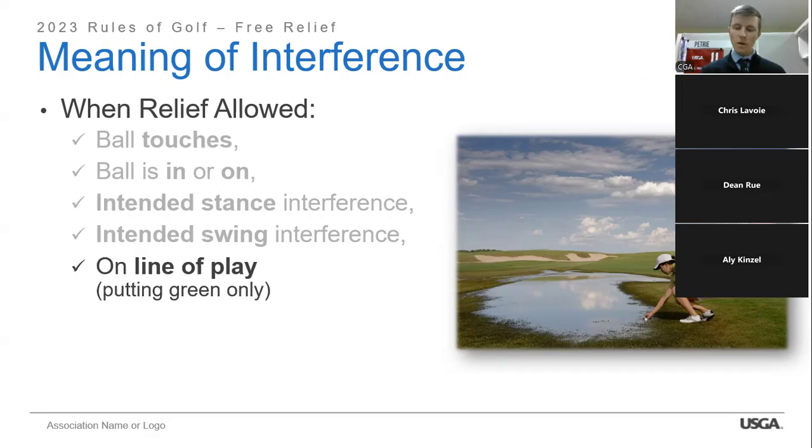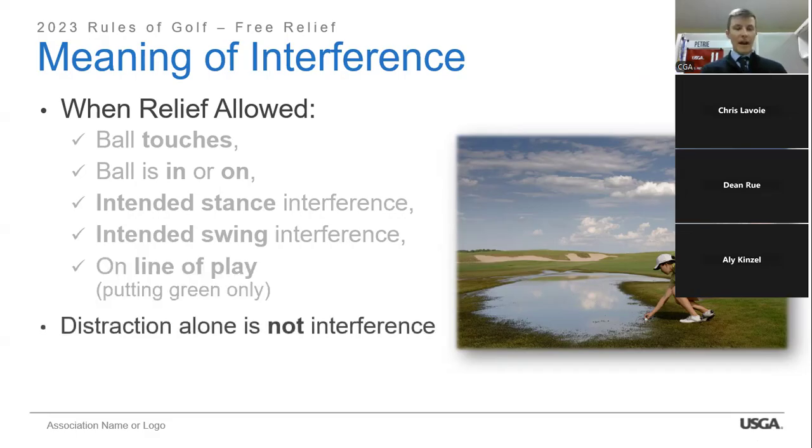So good note there. And distraction alone here is not interference. So unlike we saw with ball interfering, if we're right by this puddle and we have glare coming off and it's a big distraction, unless we hit one of these 4 bullet points up above, we're not going to get relief for that distraction alone.